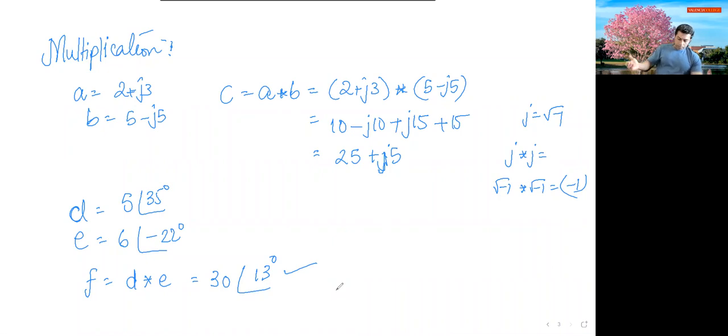Sometimes one can prefer to first convert the numbers that are given in rectangular form into polar form, multiply them, and then go back to the rectangular form if it is convenient to do that. It's pretty simple in both ways, so it's up to you, whichever way you want to do it, but just do it correctly. And finally, division.